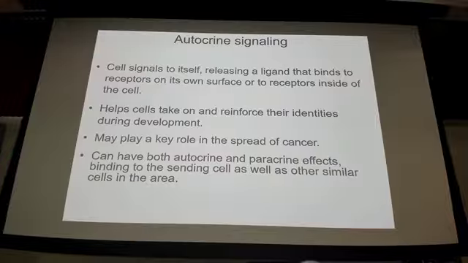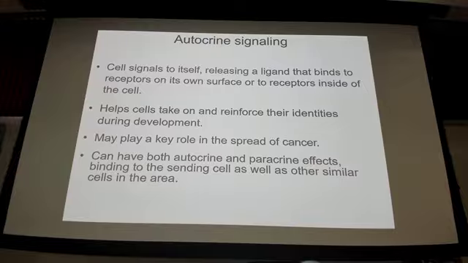In autocrine signaling, basically a cell releases a molecule that then binds to that cell, and the cell will then produce some type of signaling response or cellular activity.